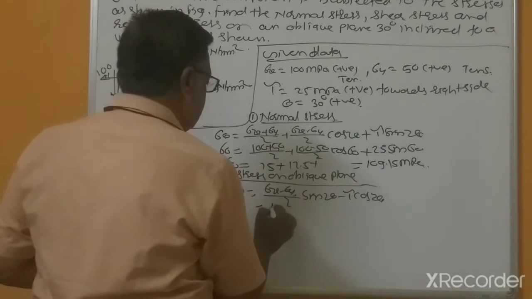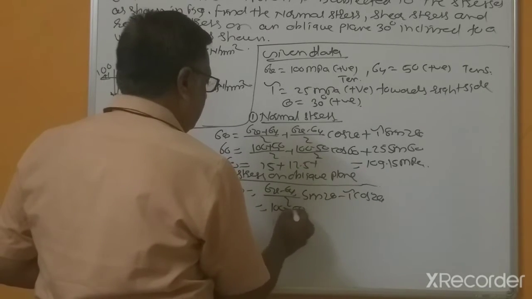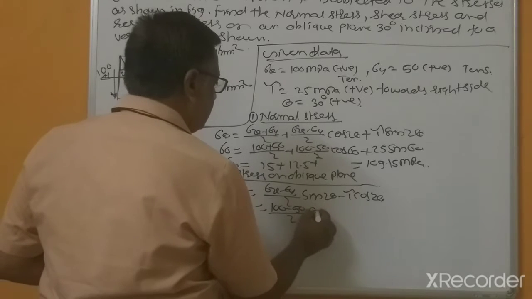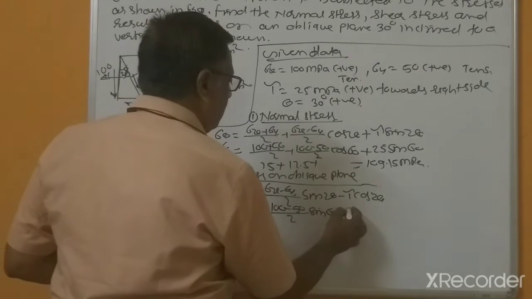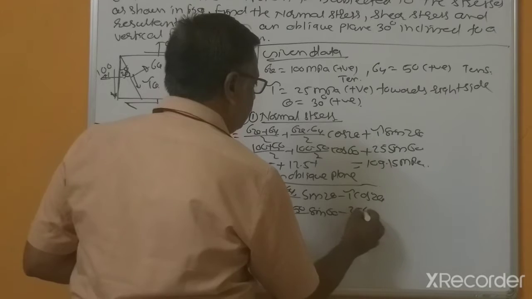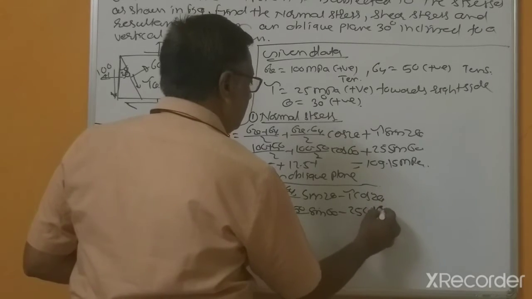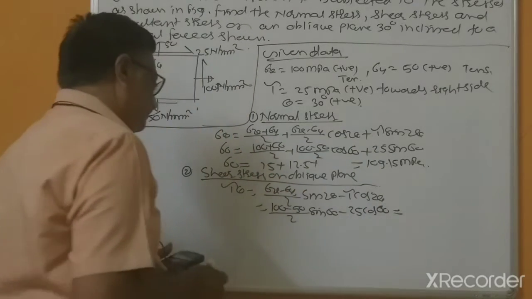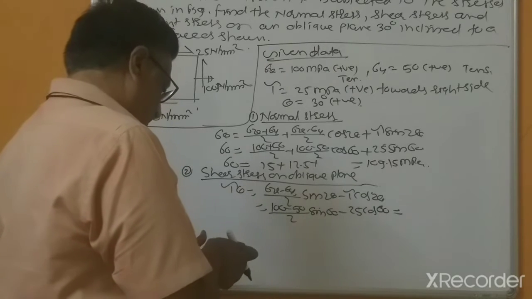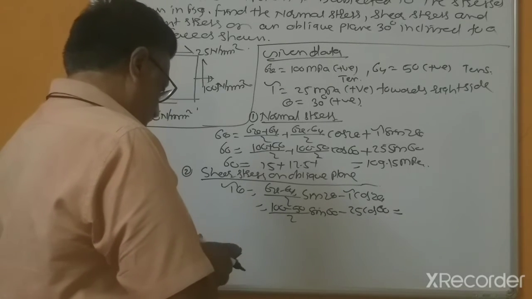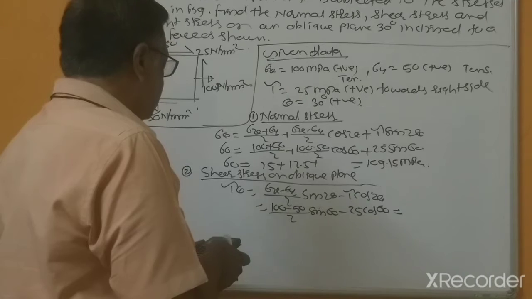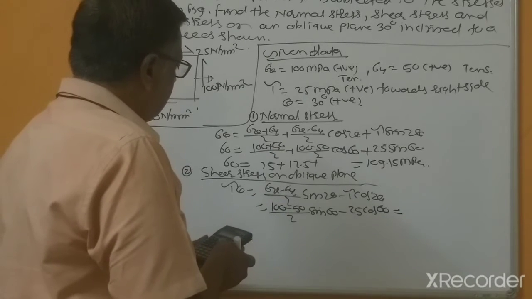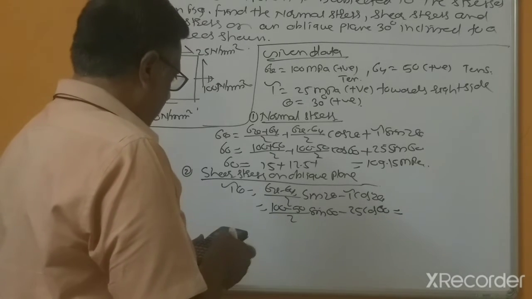Sigma x 100 minus 50 divided by 2 sin 60 minus tau equal to 25 cos 60.